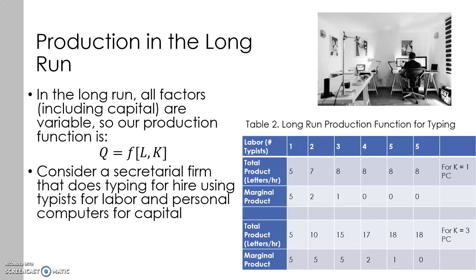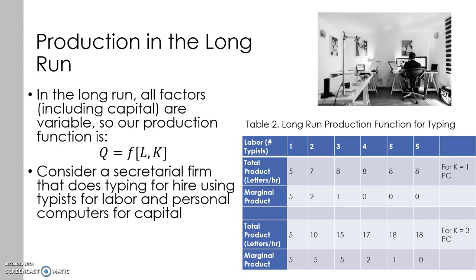Then let's take a look at what happens if we have 3 PCs. That's our second set of numbers. First worker, total product is still only 5 letters. Doesn't seem too confusing there because she's going to be as productive in the second case as she would be in the first.